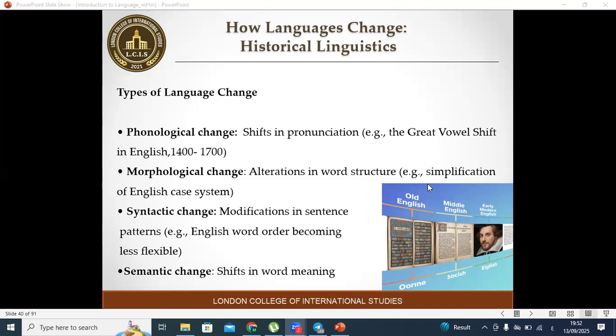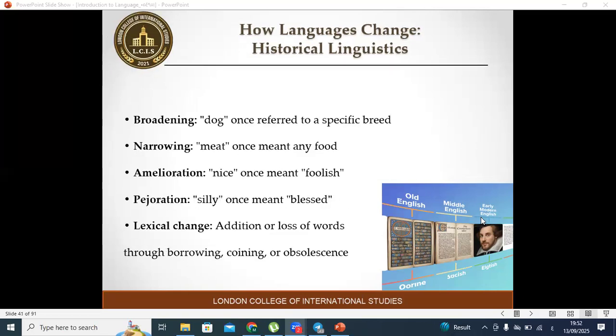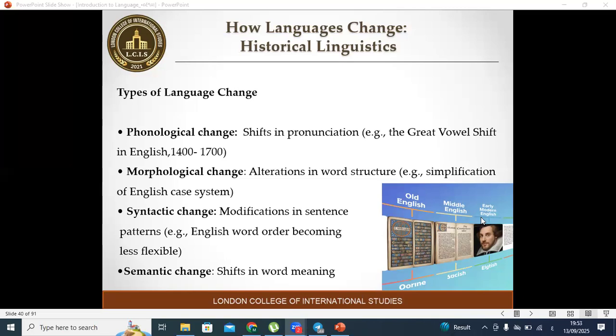Morphological change: alterations in word structure, for example, simplification of the English case system. Syntactic change: modifications in sentence patterns, for example, English word order became less flexible. Semantic change: shifts in word meaning.